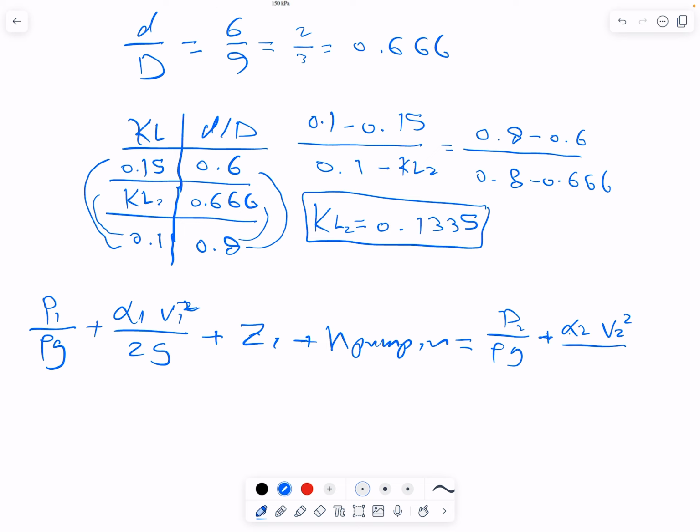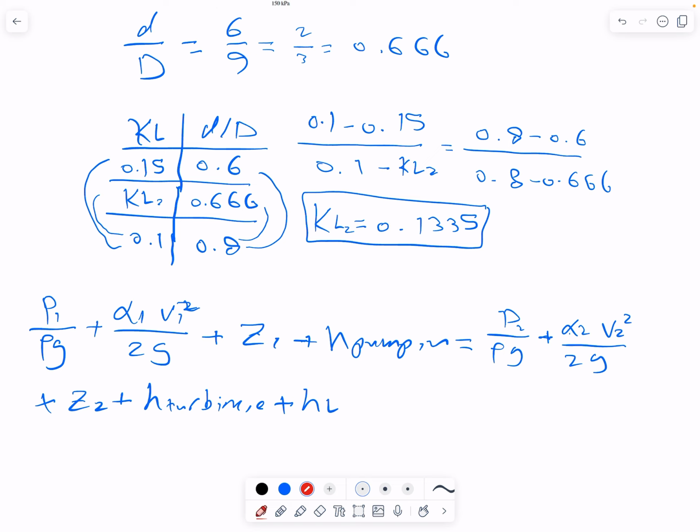By the way, we said alpha is constant, so alpha 1 and alpha 2 both equal 1.06.